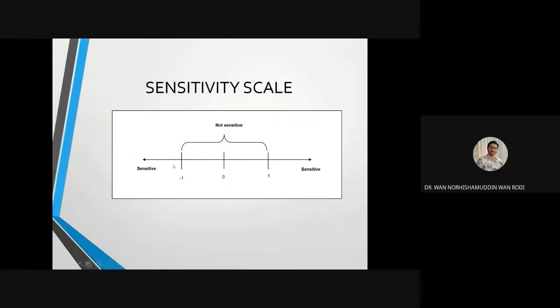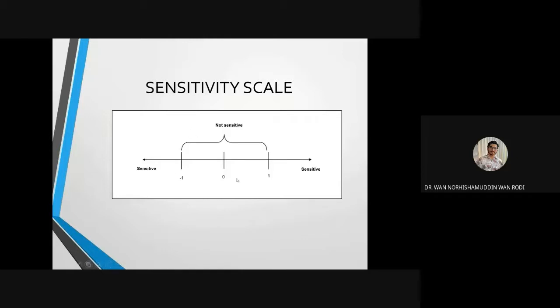If the SI is more than 1 or more than -1, we can interpret the results as sensitive, whereby the profit is sensitive to building construction costs or profit is sensitive to changes in sales price, for instance.